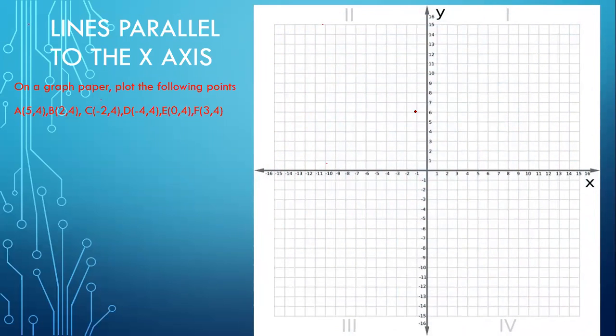So let's start. Again, first draw the x-axis and then the y-axis. Mark 0, that is the origin, over here. Now start plotting. The first point is 5, comma 4, right? So on the x-axis, 5 is here and on the y-axis, 4 is here.